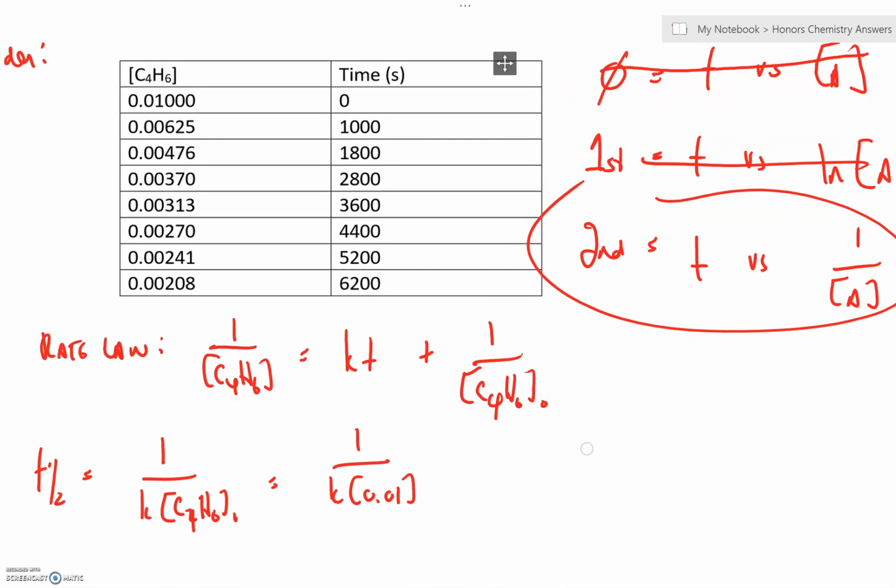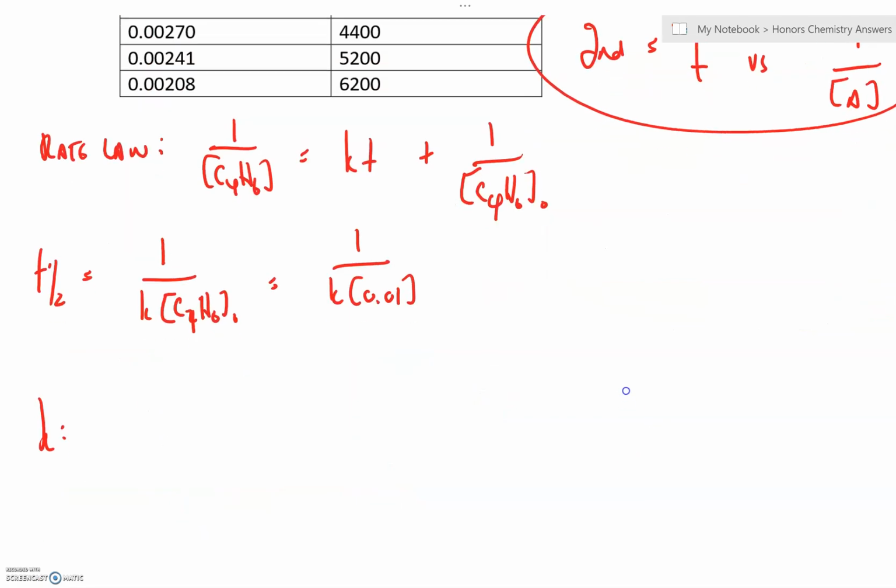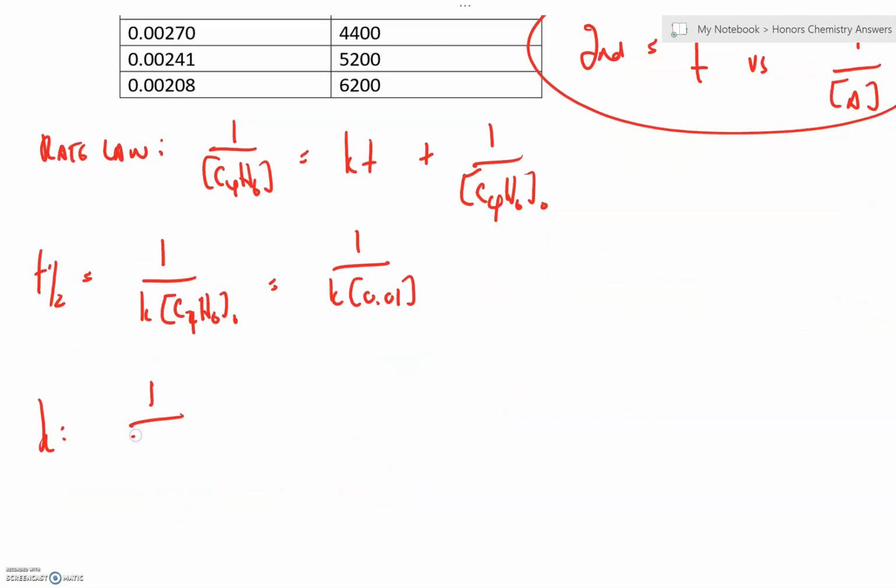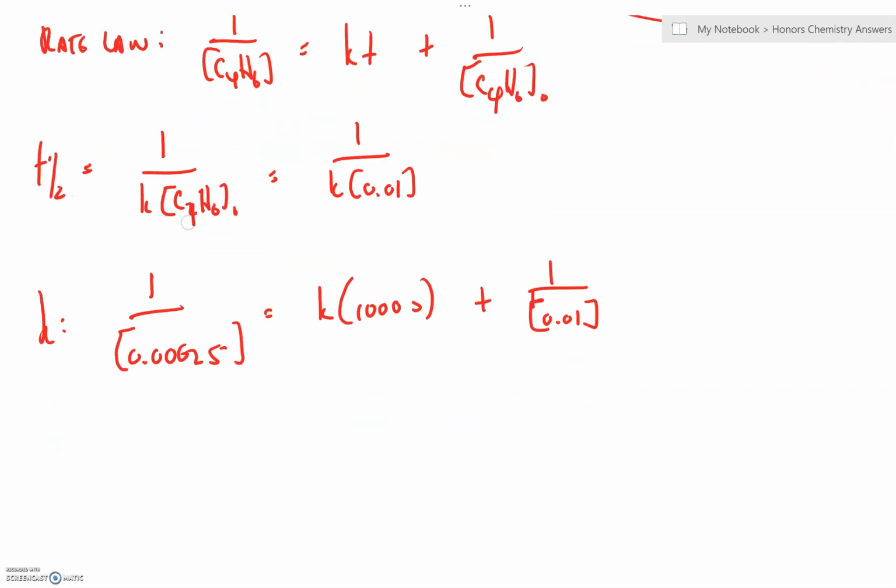So let's pick time 1,000 seconds, and the concentration is 0.00625. So 0.00625 is equal to k, which we don't know, times the 1,000 seconds we picked, plus the inverse of the concentration at time 0, which is 0.01.